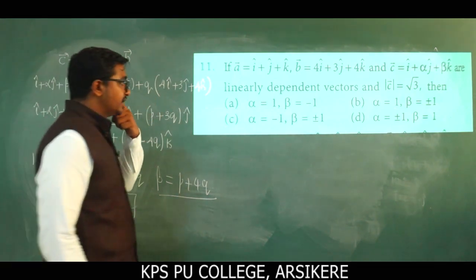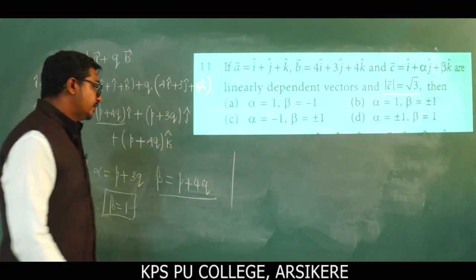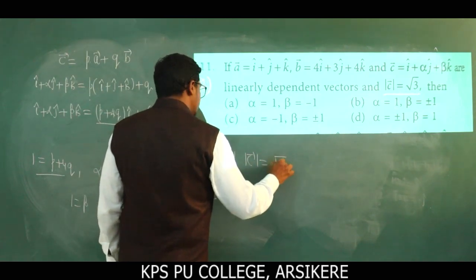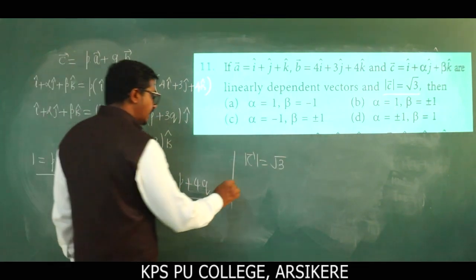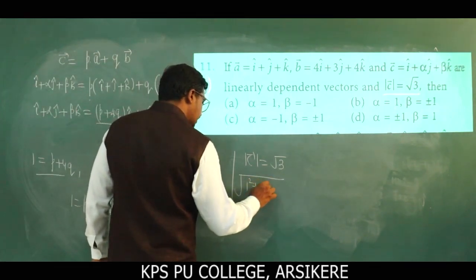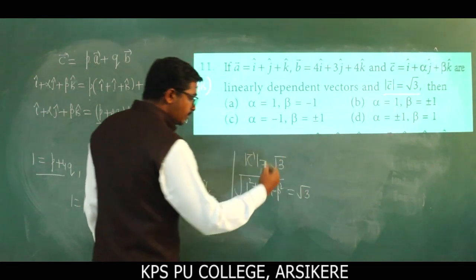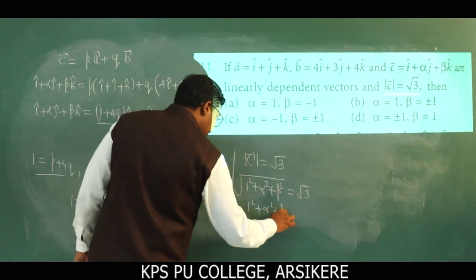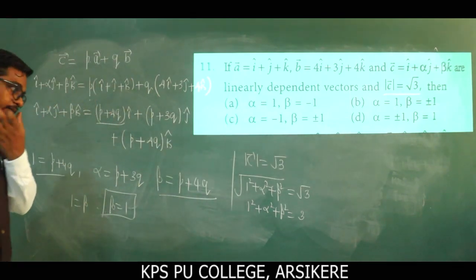And they also gave another condition: the magnitude of vector C is equal to root 3. C is equal to i cap plus alpha j cap plus beta k cap. So the magnitude becomes the square root of 1 squared plus alpha squared plus beta squared, which is equal to root 3. Squaring on both sides, 1 squared plus alpha squared plus beta squared is equal to 3, since the square of root 3 is 3.